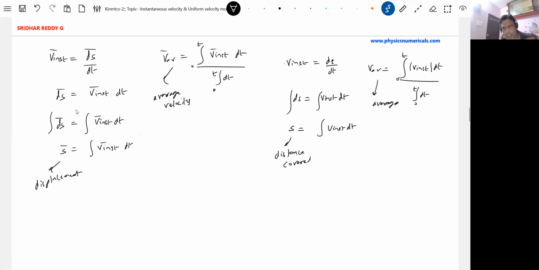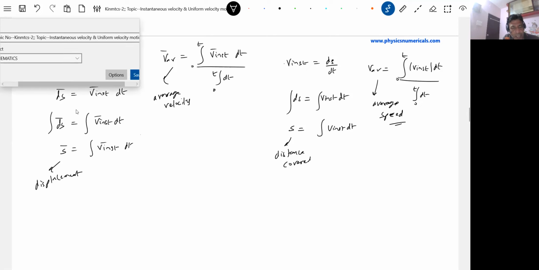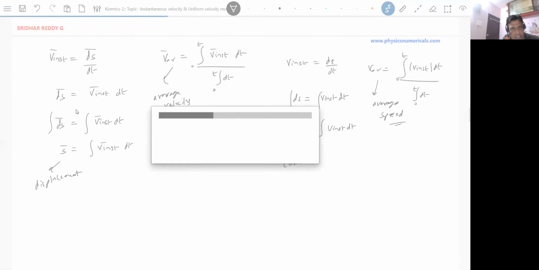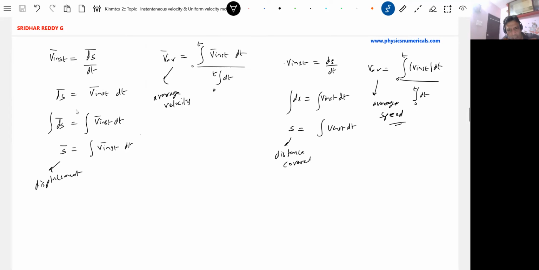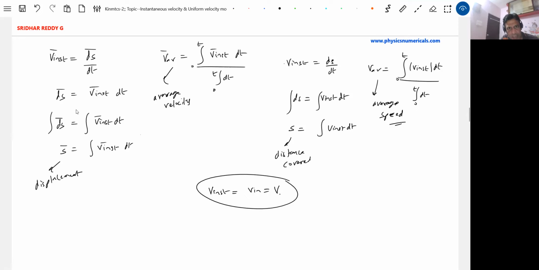So if you know one quantity, you can predict all the remaining quantities. That's the idea of instantaneous speed. What is instant speed, and what is average speed? The velocity at that instant I'll call instant speed. Usually the symbol is V instantaneous; in some books they call it V in. If I don't write any suffix here, then it is taken to be instantaneous. If it is average, I will mention AV.